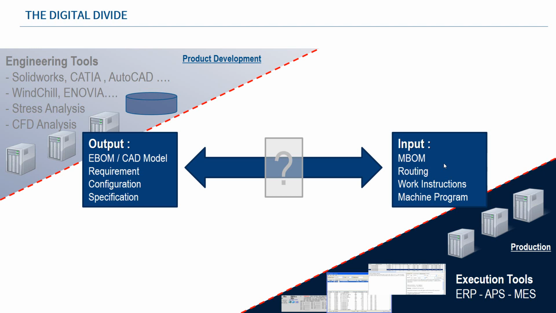So if you use any kind of robots or CNC machine, how can you define those programs? But today there is little link between those two aspects: the engineering tool with the output we are getting out of it, and the execution tool, what is required for the ERP, APS, or MES.